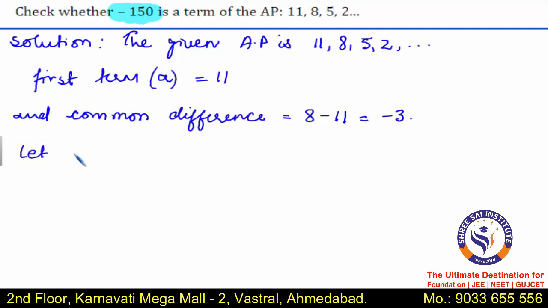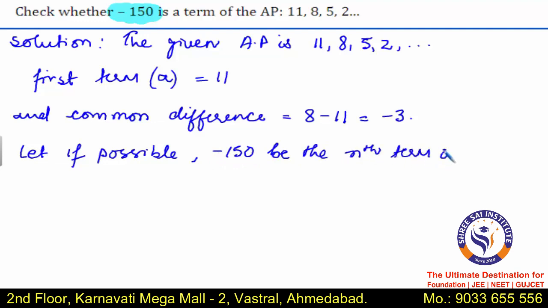Let, if possible, minus 150 be the nth term of the given AP. That is, a nth is equal to minus 150.